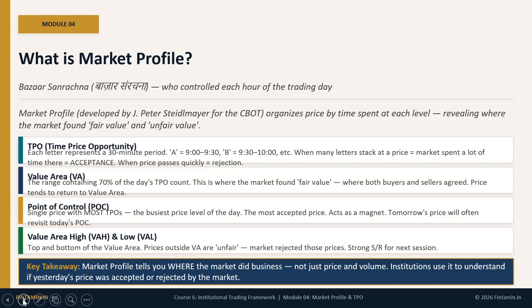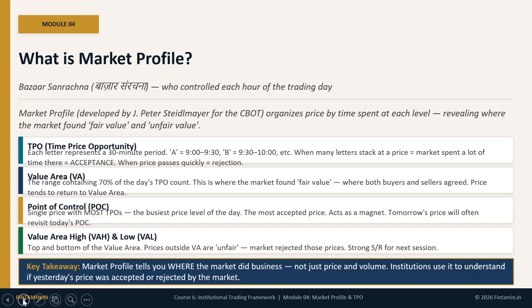Value area is the range containing 70% of the day's TPO count. This is where the market found fair value, where buyers and sellers agreed on price. The value area high, that is VAH, and value area low, VAL, are critical levels for the next session.